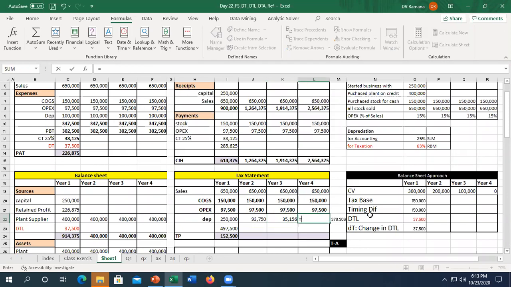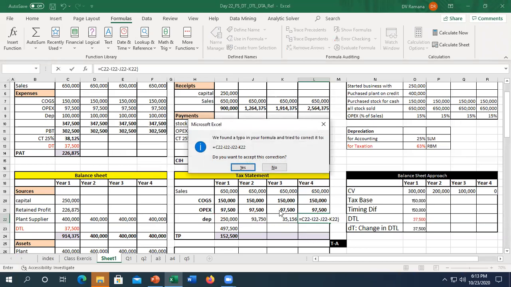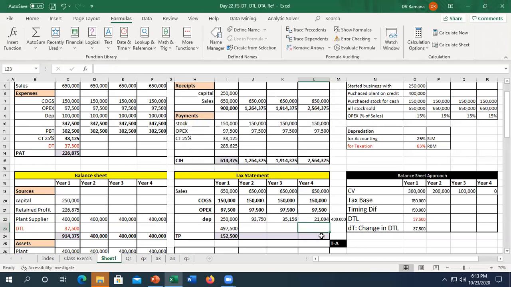And let us assume that we also want to close, make the life such that there is no written down value after the fourth year. So whatever balance is available, we charge in this year. So 400,000 minus 250,000 minus 93,000 minus will be the depreciation in the fourth year.